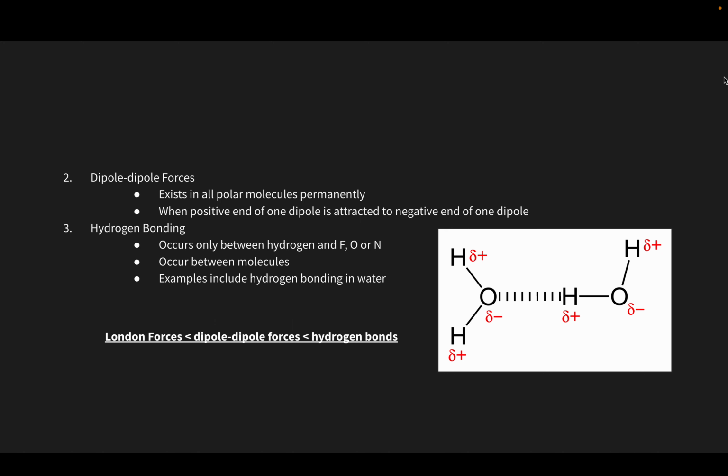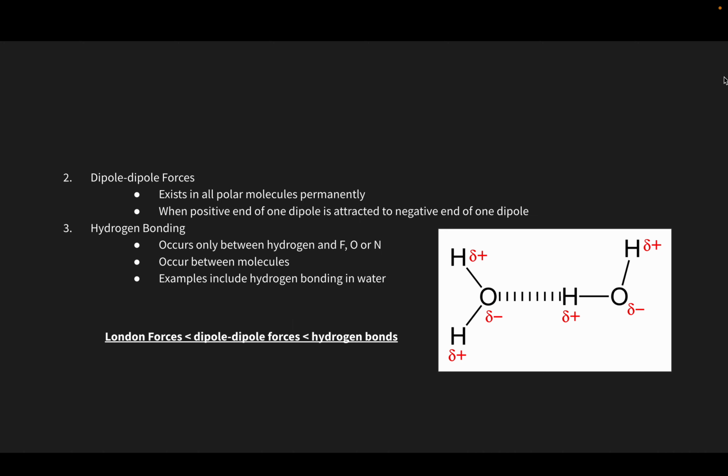Here, dipole-dipole forces exist in all polar molecules permanently, when the positive end of one dipole is attracted to the negative end of another dipole. And hydrogen bonding, this is what I was talking about before about water, occurs only between hydrogen and fluorine, oxygen, and nitrogen.